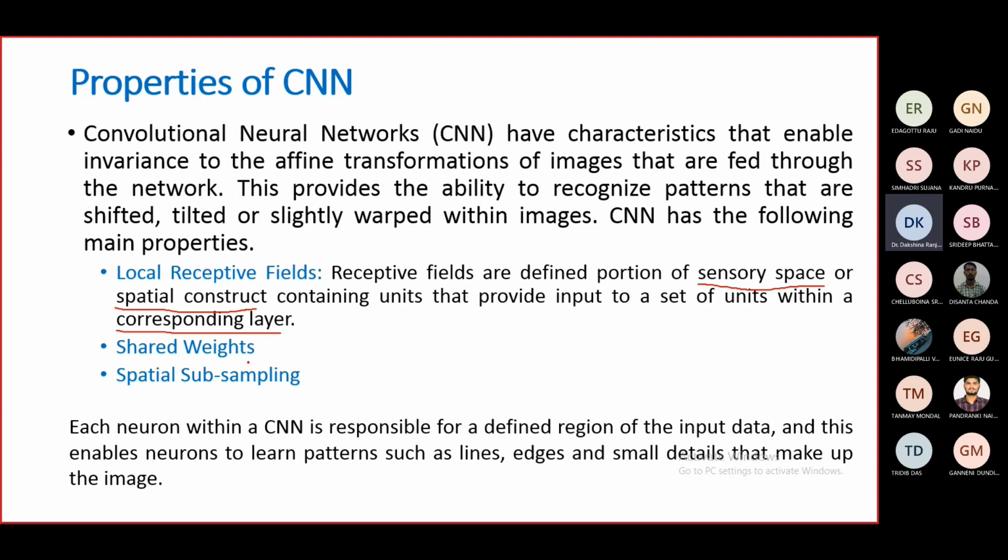The next property is known as the shared weight. Shared weight means the filter that we use for convolution operation with the input image contains weights or coefficient values. These weights are learnable weights. That means we can learn these weights, like weights and bias in the neural network, through a number of iterations.